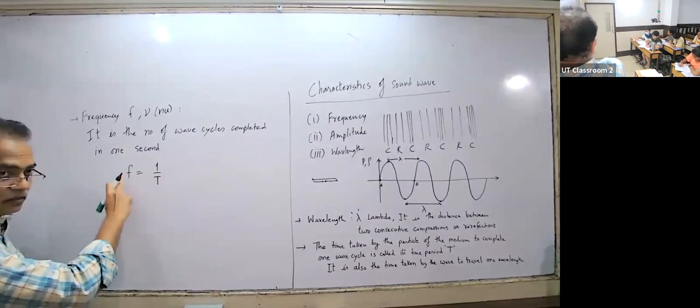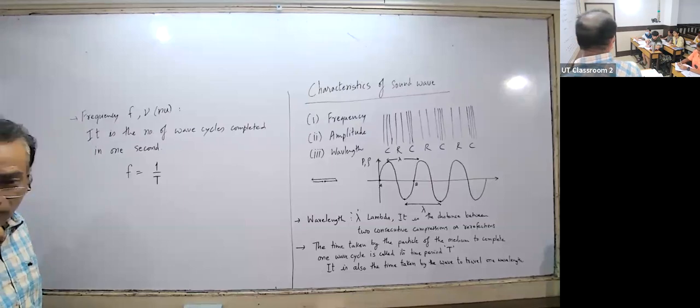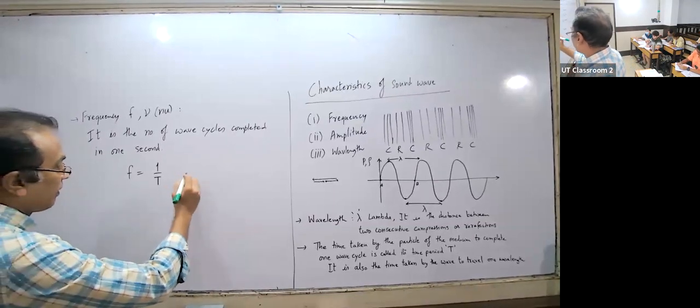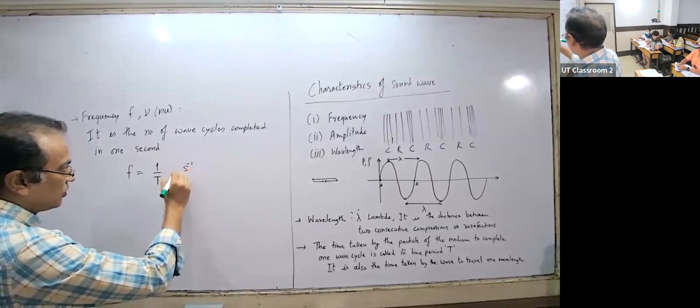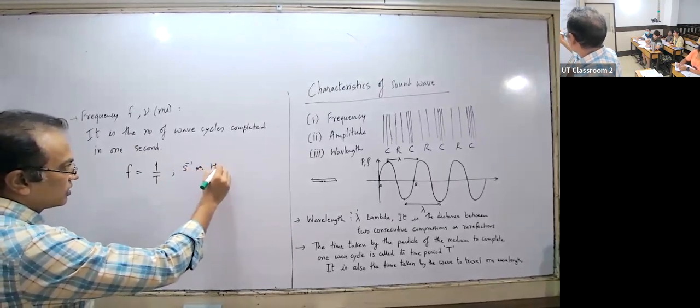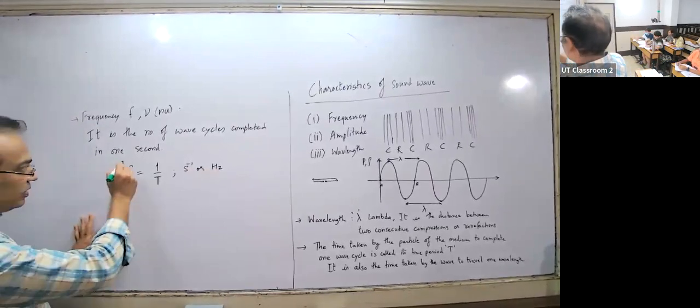Therefore, in 1 second, 1 by T, which is nothing but frequency. So what is the unit of frequency? Per second, or it is also called hertz. So this is the relation between frequency and time period.